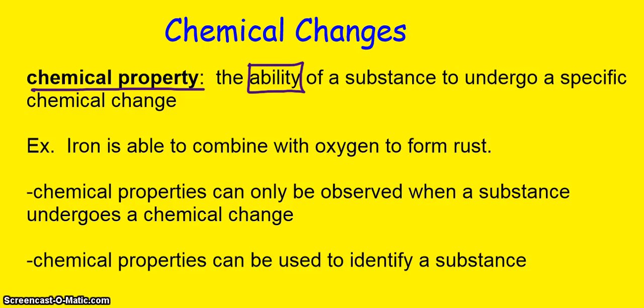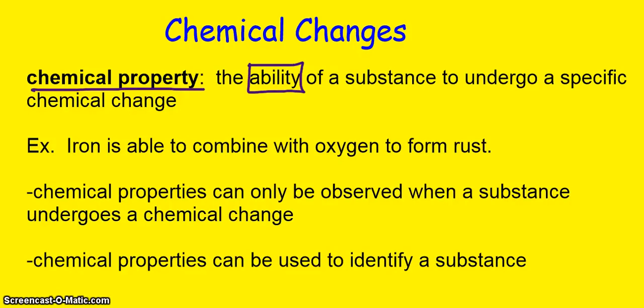For example, if iron is able to oxidize and form rust, we would say that it has the property of being able to oxidize. So when you see that rusty old something sitting along the side of the road, it's because it's been able to create iron oxides when the water gives it the right conditions to form that rust.